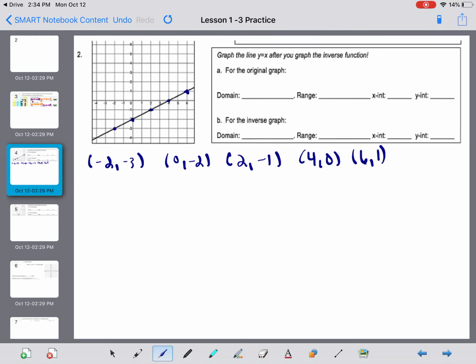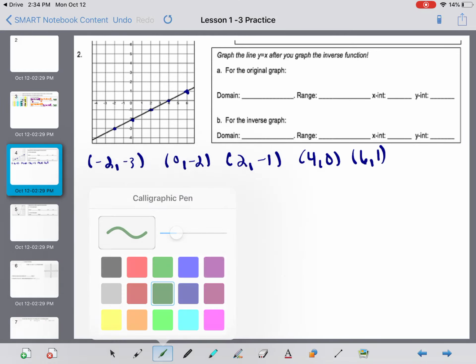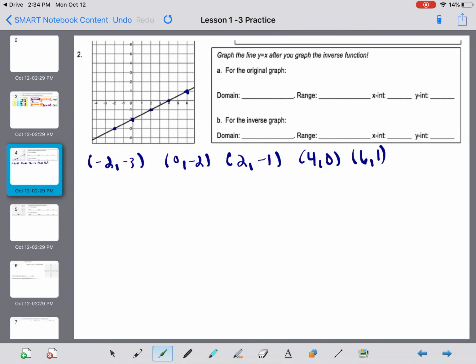And then when we find the inverse, you just flip the points. So our inverse points are going to be the ones that are in green. So you just flip the original points. Don't need to change the signs or anything. You just flip. And then plot your new points.